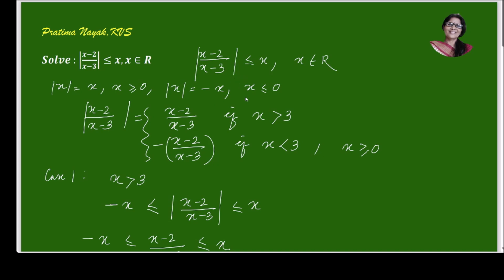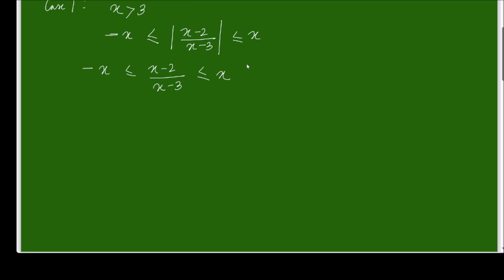This means we are comparing with negative x and positive x. As it is compared to x here, it is less than x. That means when it is negative, it is greater than x; when it is positive, it is less than x. So there are two conditions.